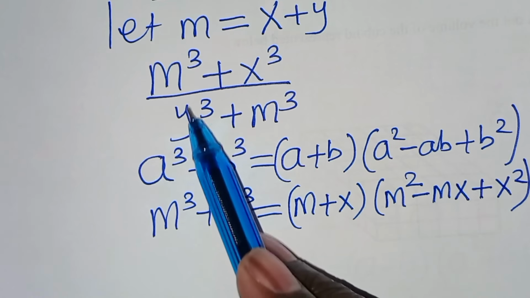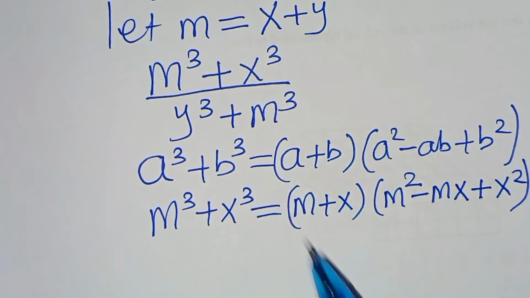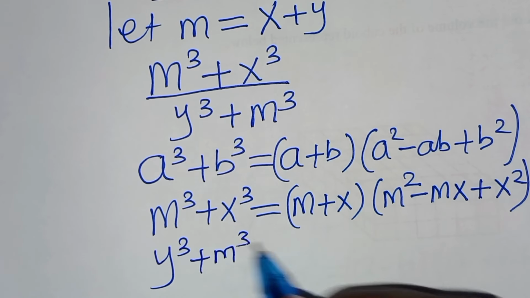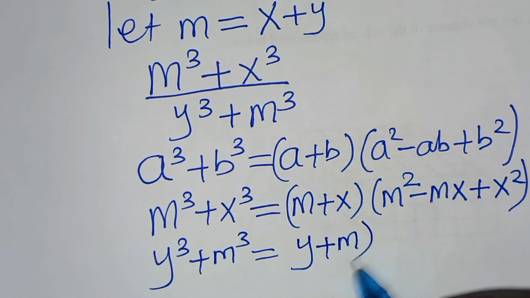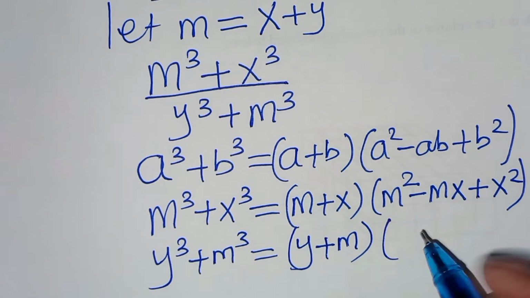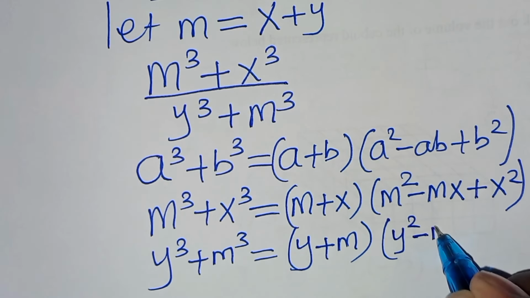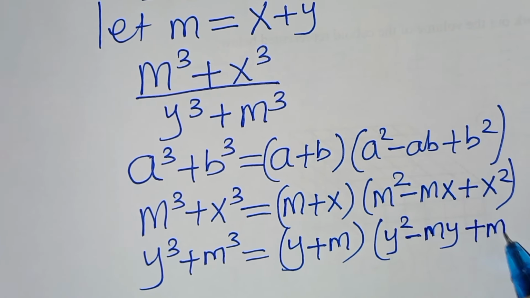The same case here, y to power 3 plus m to power 3 in the denominator. This implies that y to power 3 plus m to power 3, we can express as y plus m, and then here we have y squared minus my, then plus m squared.